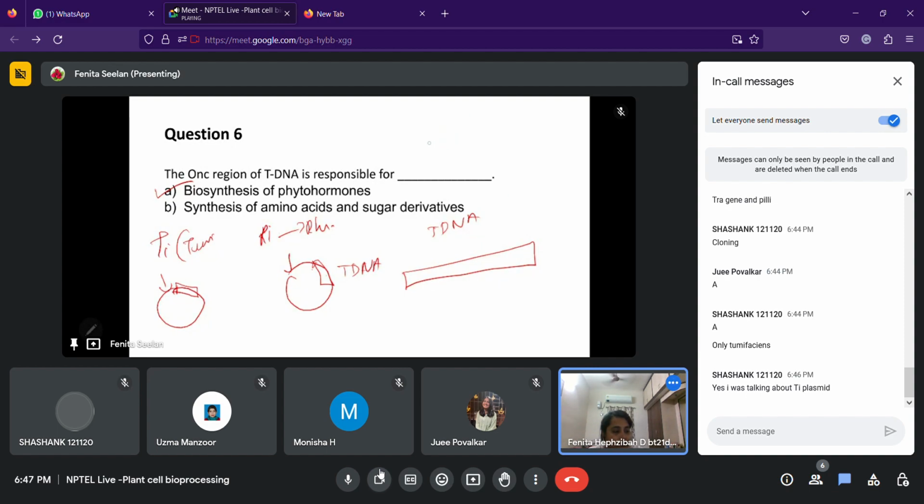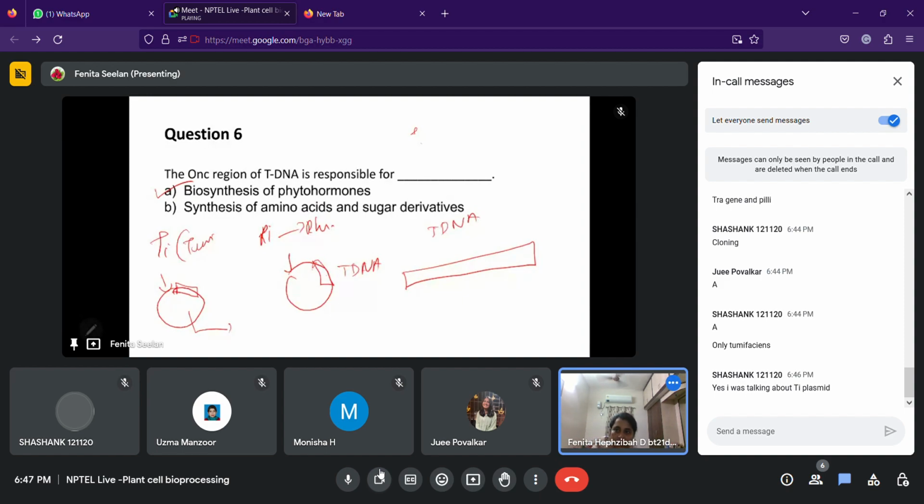So Ti plasmid is there. What are the major regions you can talk about in the Ti plasmid? You will definitely have a tDNA. What else will you have in your Ti plasmid? Apart from whatever we talked about earlier, there is definitely going to be a replication site, origin of replication, everything.